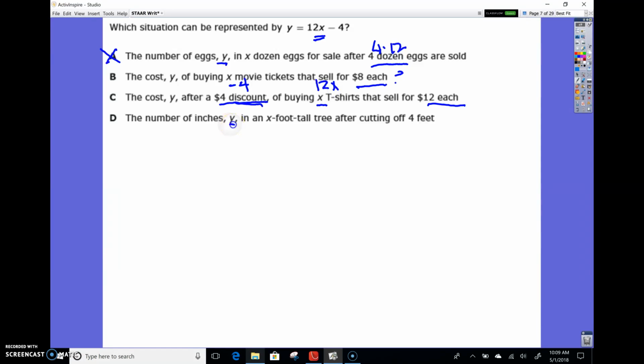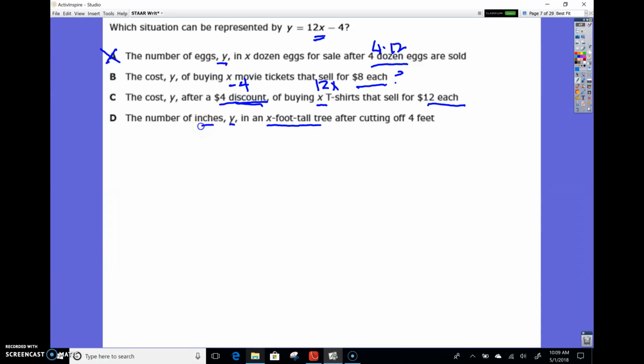The number of inches in an x foot tall tree after cutting off 4 inches. The number of inches in an x foot tall tree after cutting 4 feet.